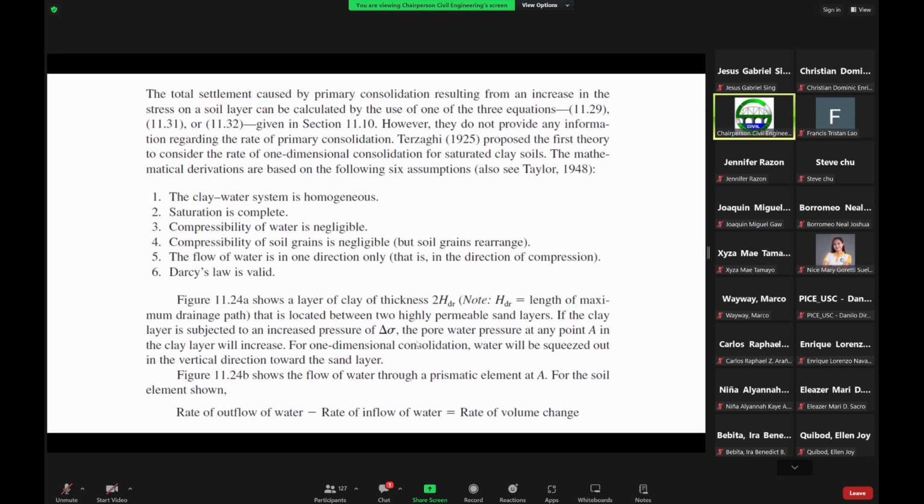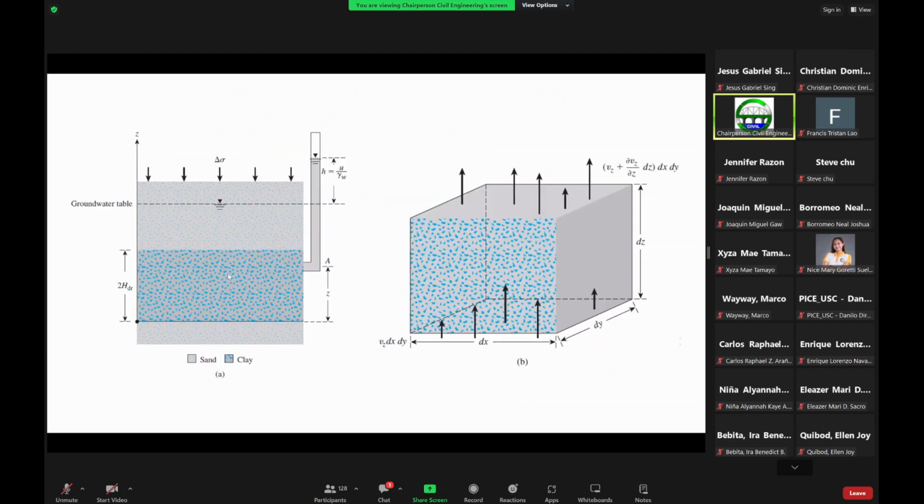Now, for a one-dimensional consolidation, water will be squeezed out, because that's the effect of consolidation. Water will be squeezed out in the vertical direction toward the sand layer. So water will be expelled here in the sand layer. Take note, this is your groundwater table. So water will be squeezed out from the clay layer.